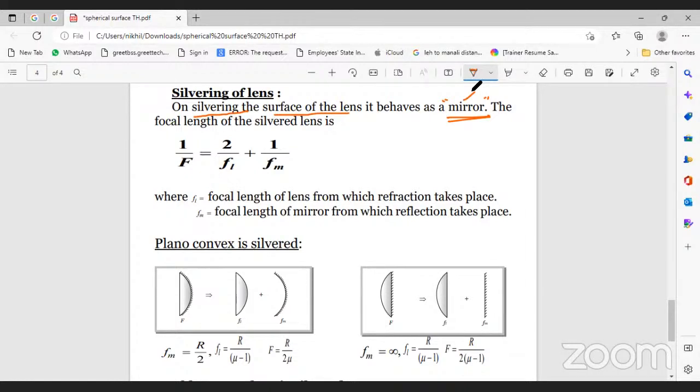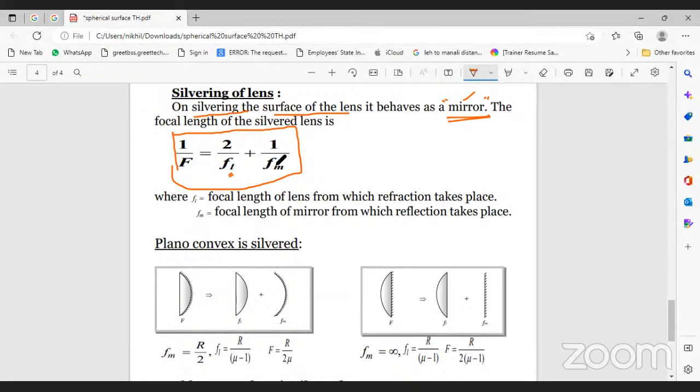Now, look at this concept. In this silvering of a lens, 1 by F will be equal to 2 by FL plus 1 by FM, where FL is the focal length of the lens where the refraction is taking place.